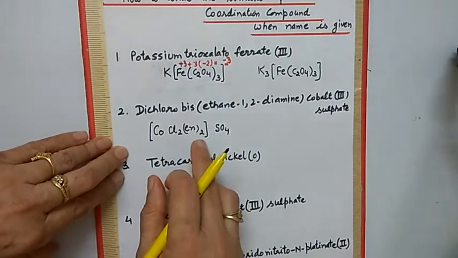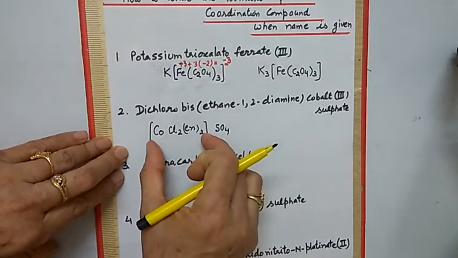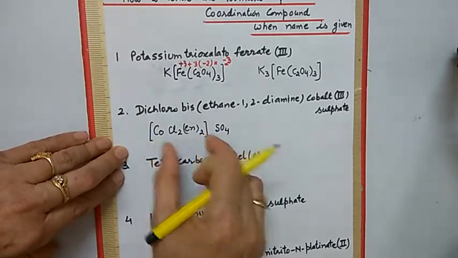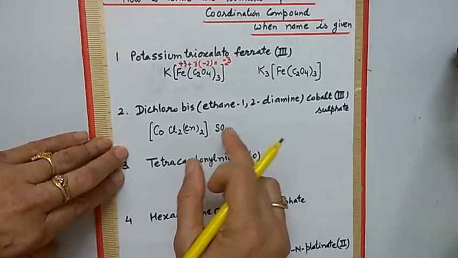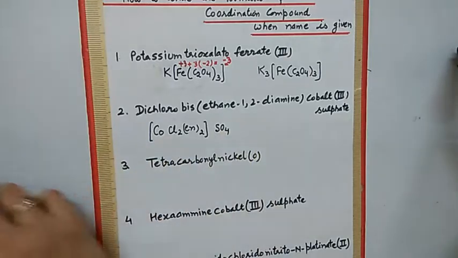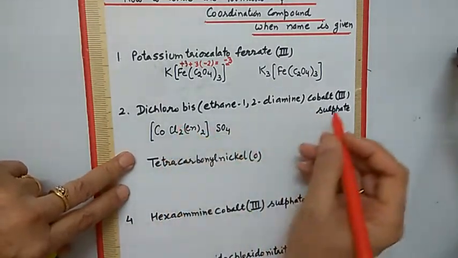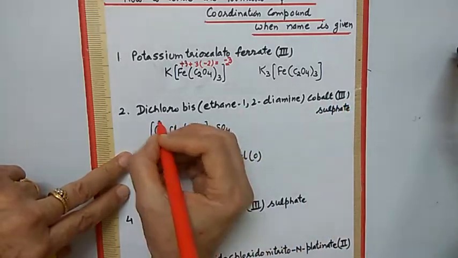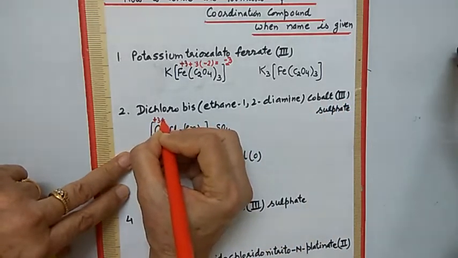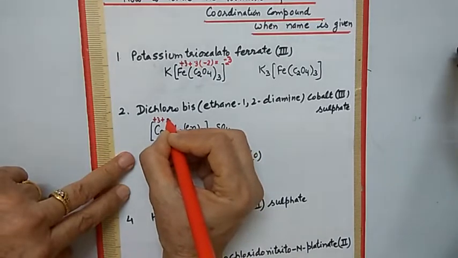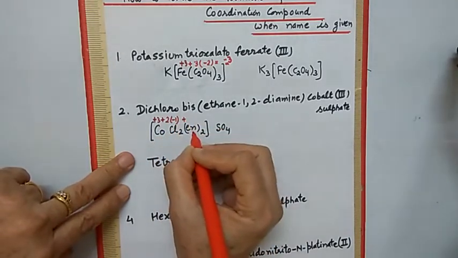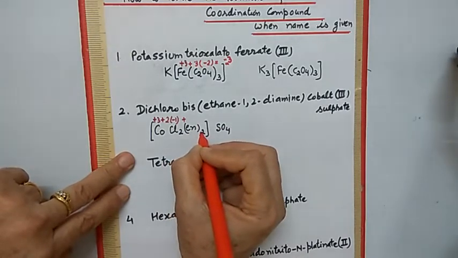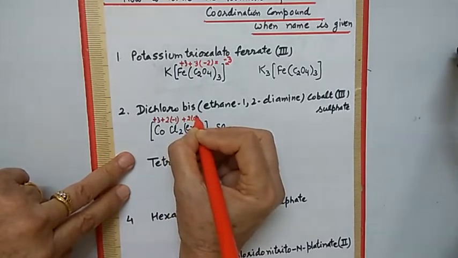Clear? Now the next step is to find the net charge on the complex ion, so that we can balance the positive charge of the complex ion with the negative charge of sulfate. Cobalt is in the plus 3 state, so plus 3, plus chlorine carries 1 negative, so 2 chlorine atoms, minus 2, and ethylene diamine is neutral, so 2 into 0.